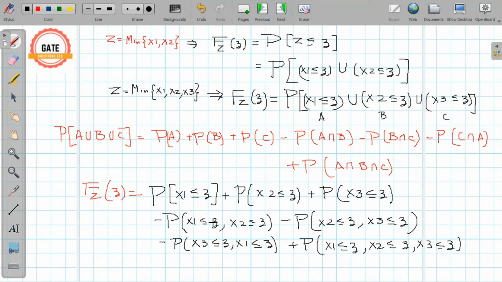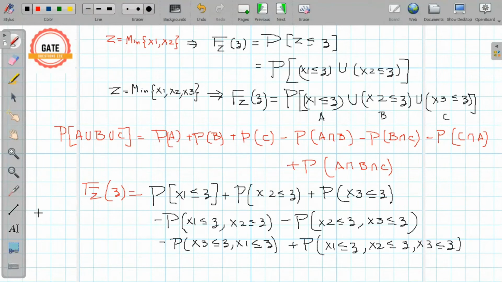Similarly, the fourth term here is the joint CDF of X1 and X2. This term is the joint CDF of X2 and X3. This term is the joint CDF of X3 and X1. And the last term here is the joint CDF of X1, X2 and X3.